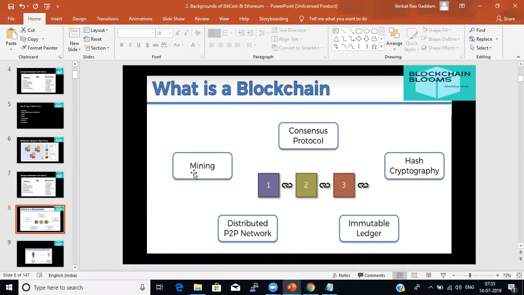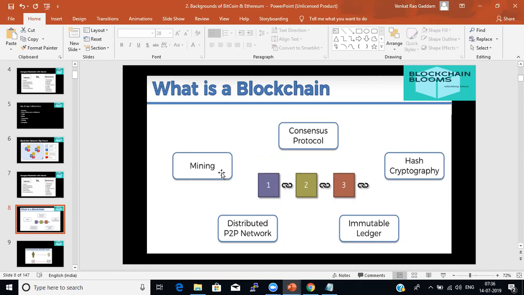We can see this mining after the break, and mining involves high computational power. To get this high computational power, we need to spend huge money if we want to become a miner. As per the report, the majority of the miners are from China only.